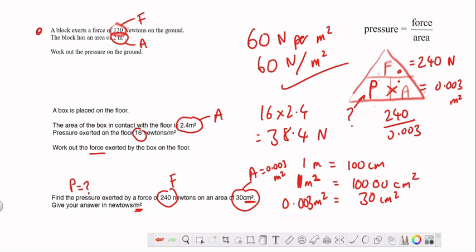If I do that, I get 80,000. What? I'm just trying to work out pressure, so that's newtons per meter squared. You need to be careful. Look at the question, look at the units. Here I had centimeters squared, but they wanted something in the form of meters squared. So that's why I've had to do this conversion work.